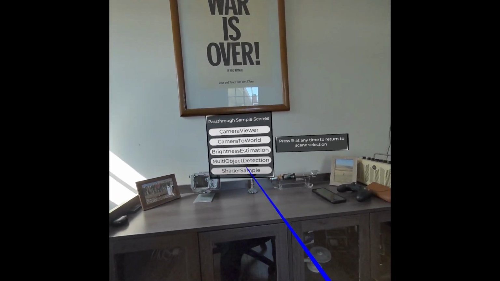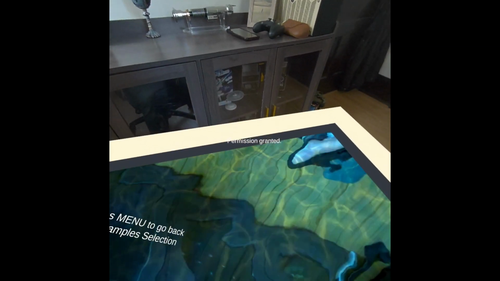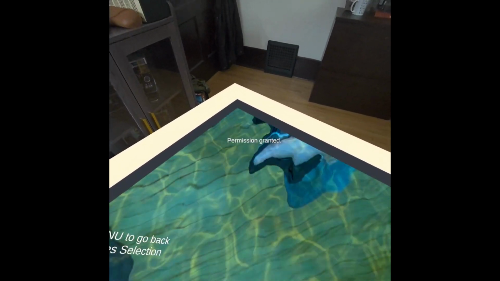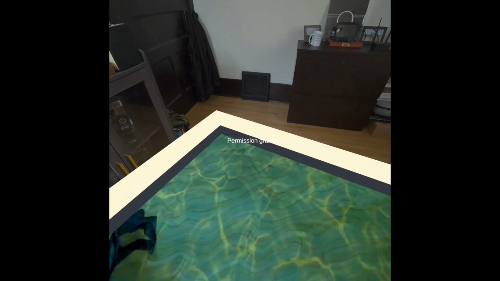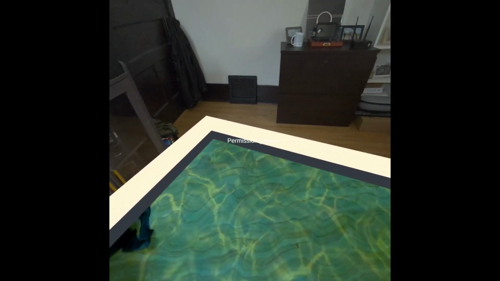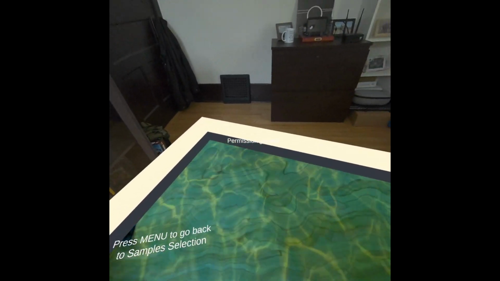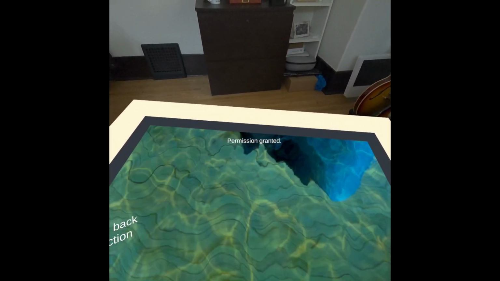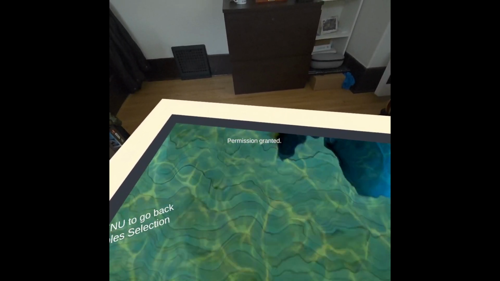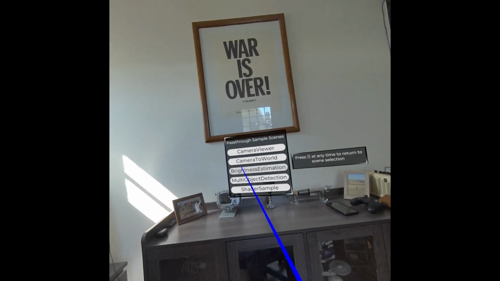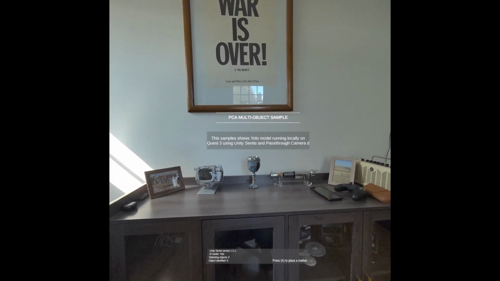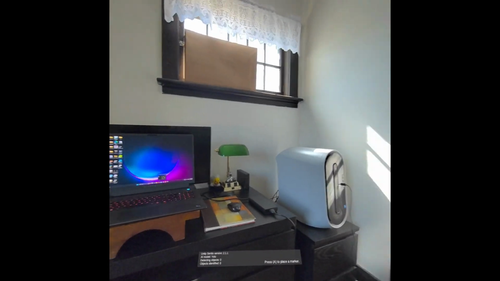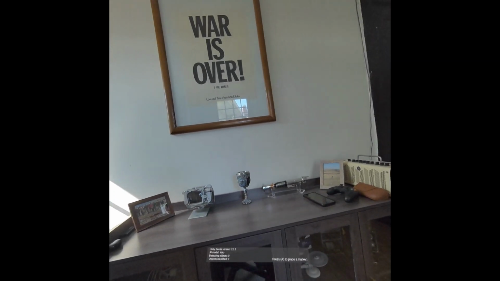Shader sample. So we've got this shader sample here with some water caustics, which I'm actually super psyched about because I love doing water caustics and I've never been able to put caustics on one of these headsets. The reason why this type of shader is really important, I think, is once we get to multi-object detection, when you're identifying people, for example, you'd be able to use a shader to blur out their faces.